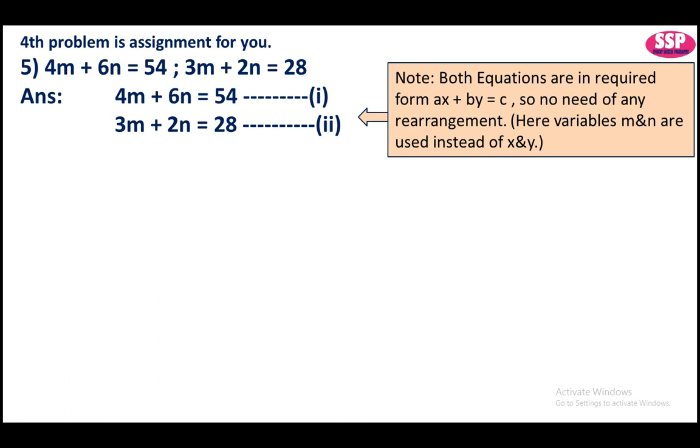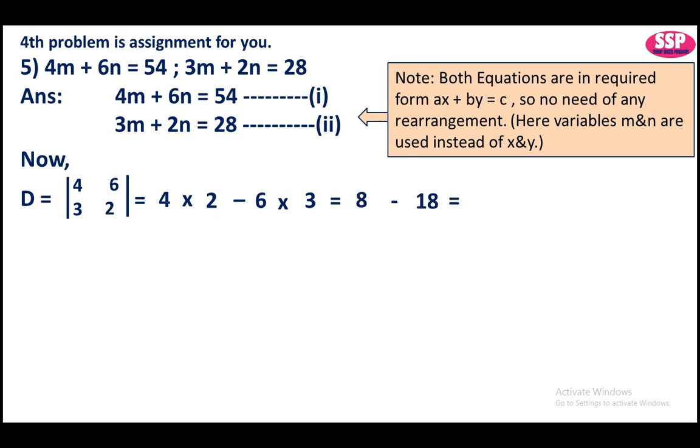So we have to find out value of d, dm and dn determinants. Now d is equal to, take the coefficients of m and n, and the value of d is calculated as earlier we have seen. 4 into 2 minus 6 into 3 is equal to 8 minus 18 is equal to minus 10. Now dm is equal to, replace the coefficient of m by constant 54 and 28.